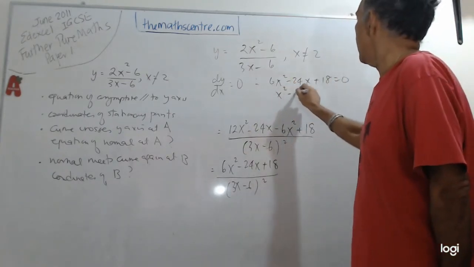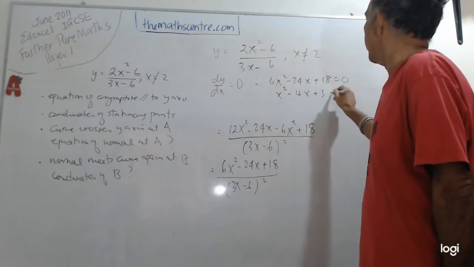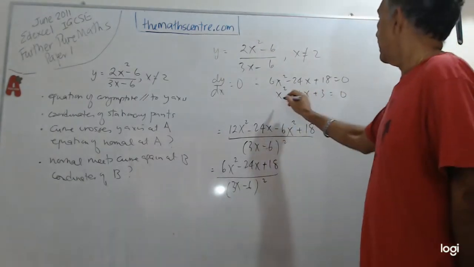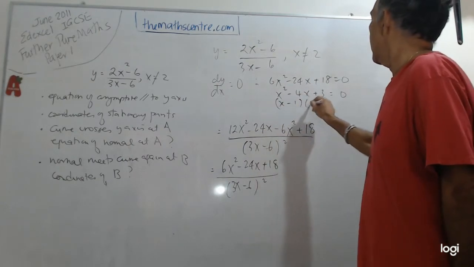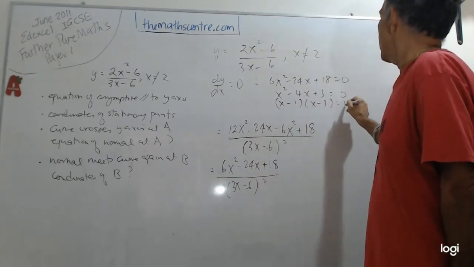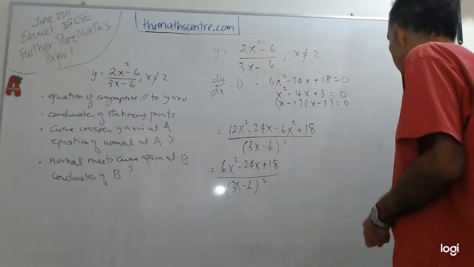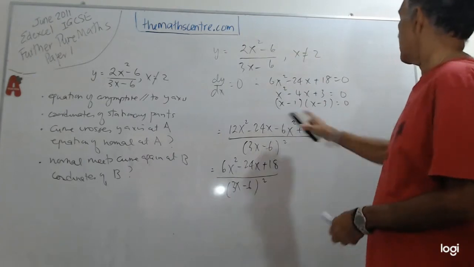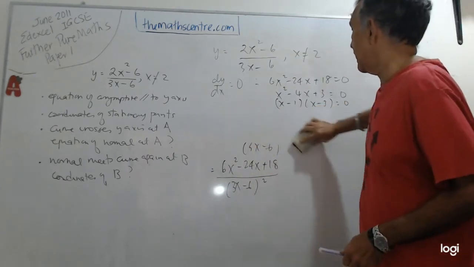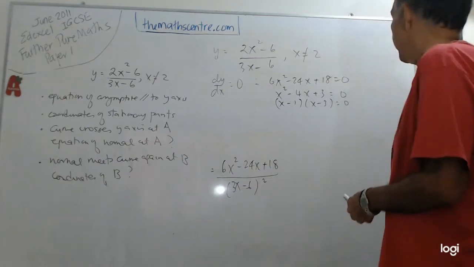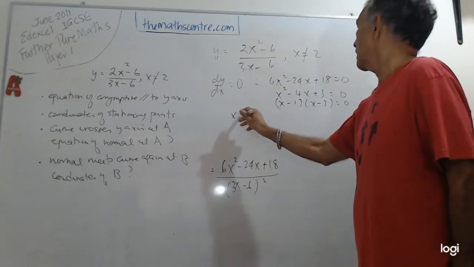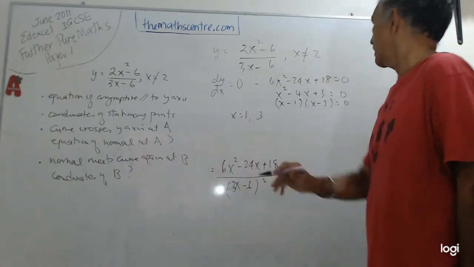I have x squared minus 4x plus 3 equal to 0. So I have (x minus 1)(x minus 3) equal to 0. Let me just check that. Yep, correct. And then I have x equals 1 or 3.